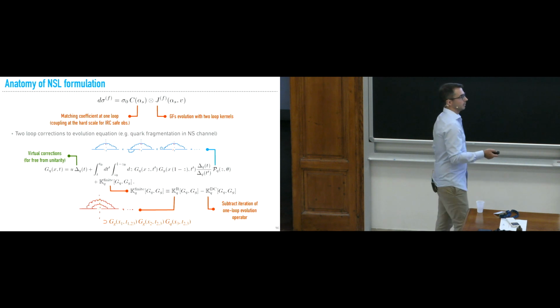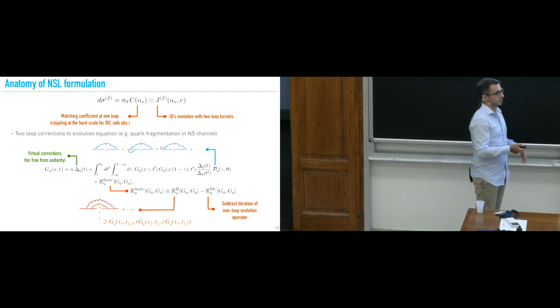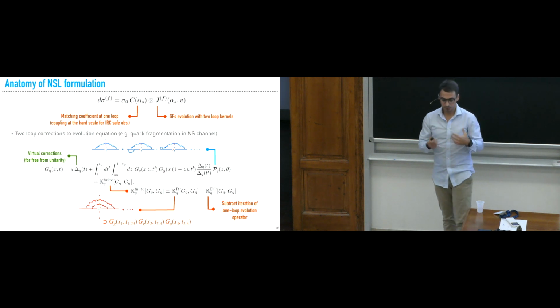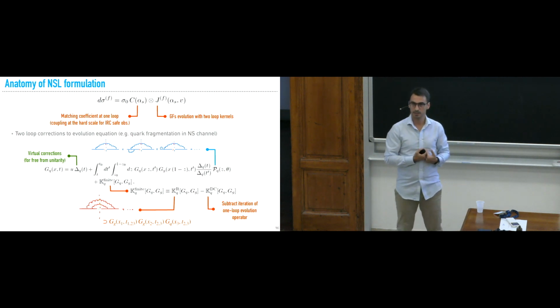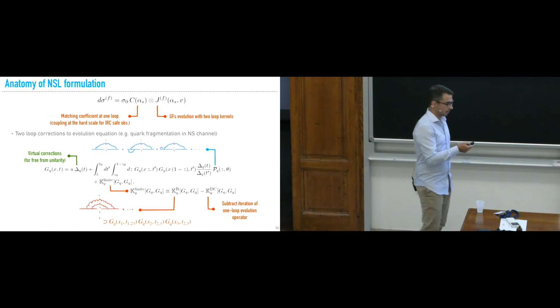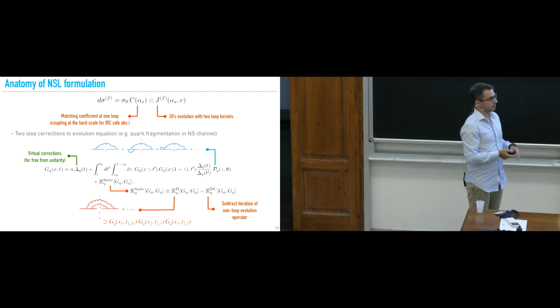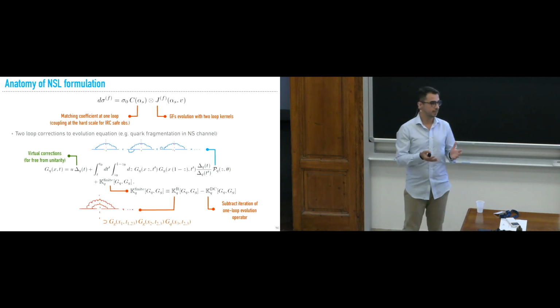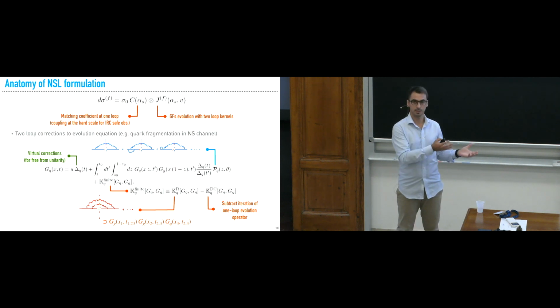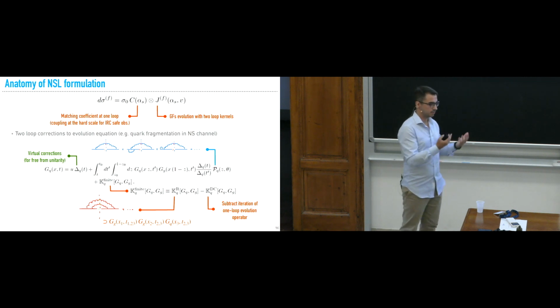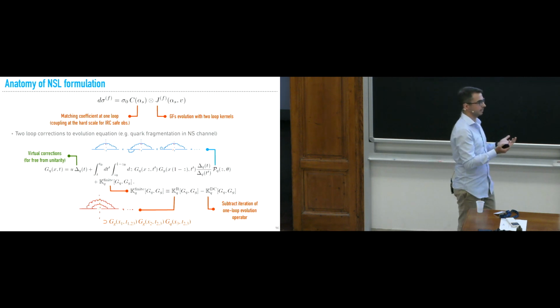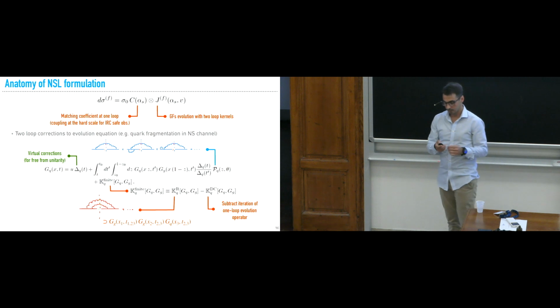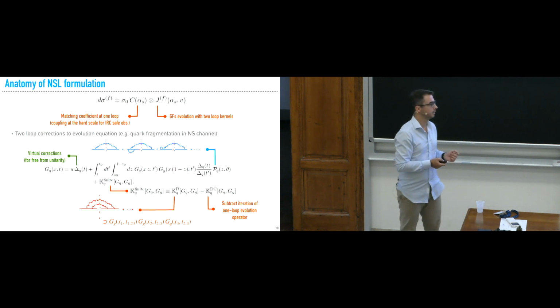Now, and again, if you use DIMREG, this is a very complicated way of stating an evolution equation, but you could, in principle, calculate a physical observable with it. But what I would like to do is to bring this one into a form where it's manifestly finite in 4 dimensions so that we can solve this numerically and eventually solve it using numerical methods like Monte Carlo techniques that are what a parton shower algorithm would be using.